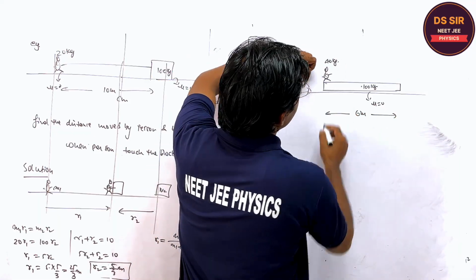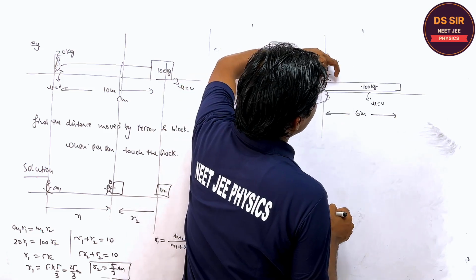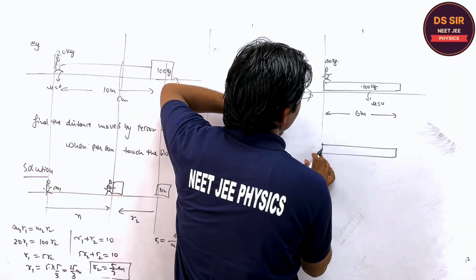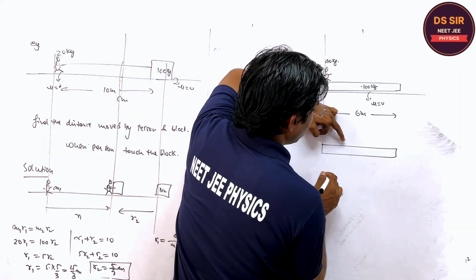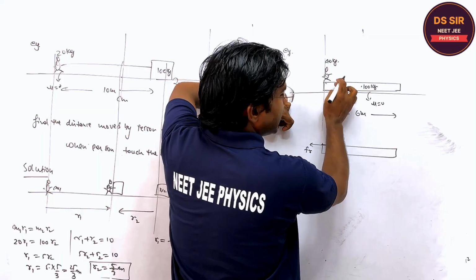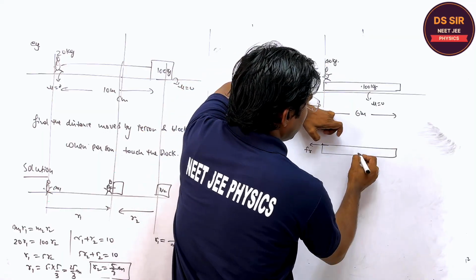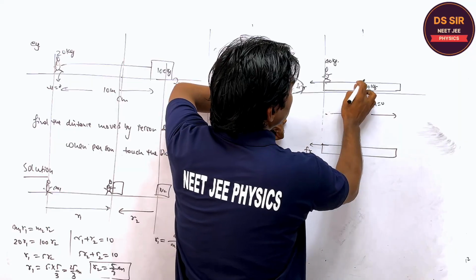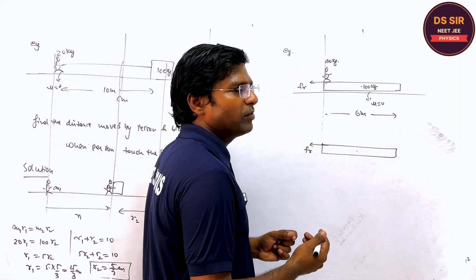When the person starts moving on it, what will happen? The friction force between the foot and the plank will act on the plank. Is it clear or not? And because of this, what will be the motion of the plank?